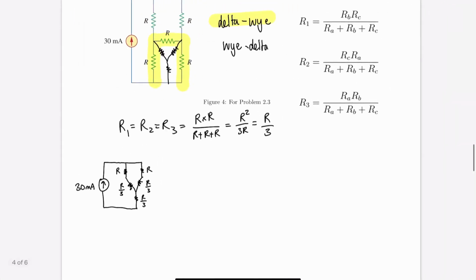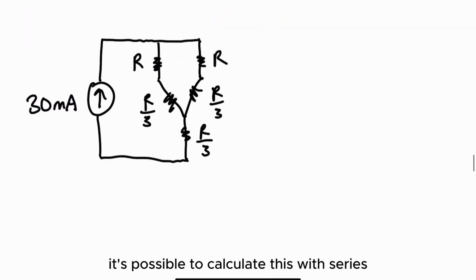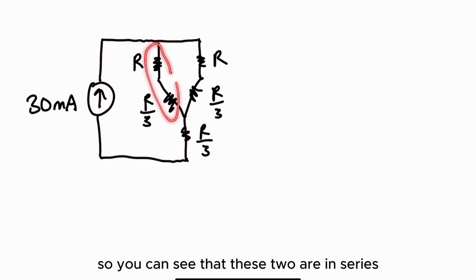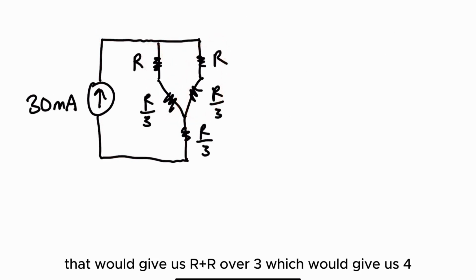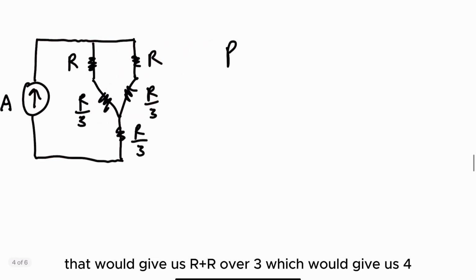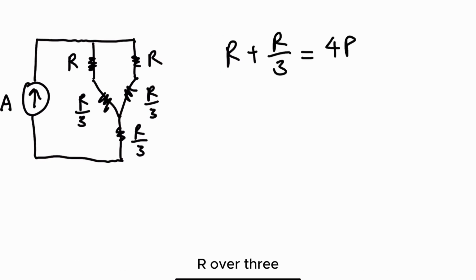Alright. Now you can see that it's possible to calculate this with series and parallel. You can see that these two are in series and these two are in series. That would give us R plus R over 3, which gives us 4R over 3.